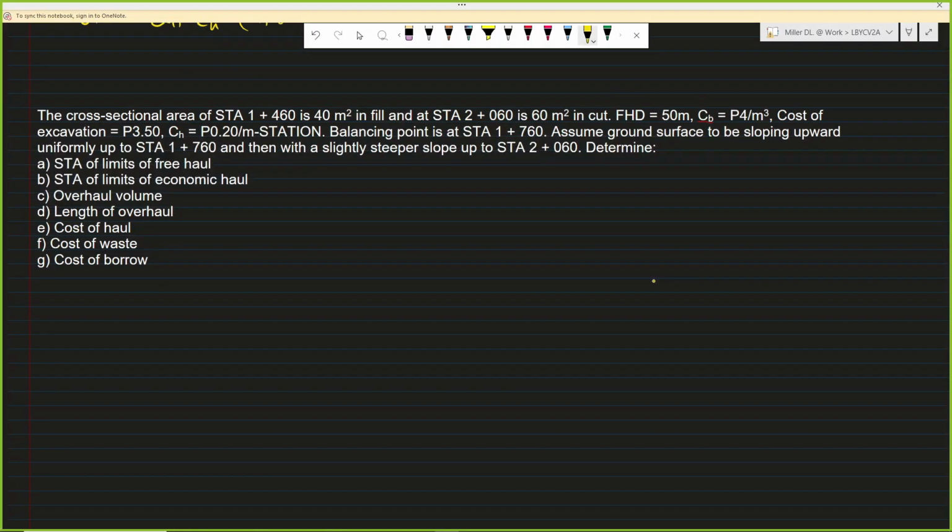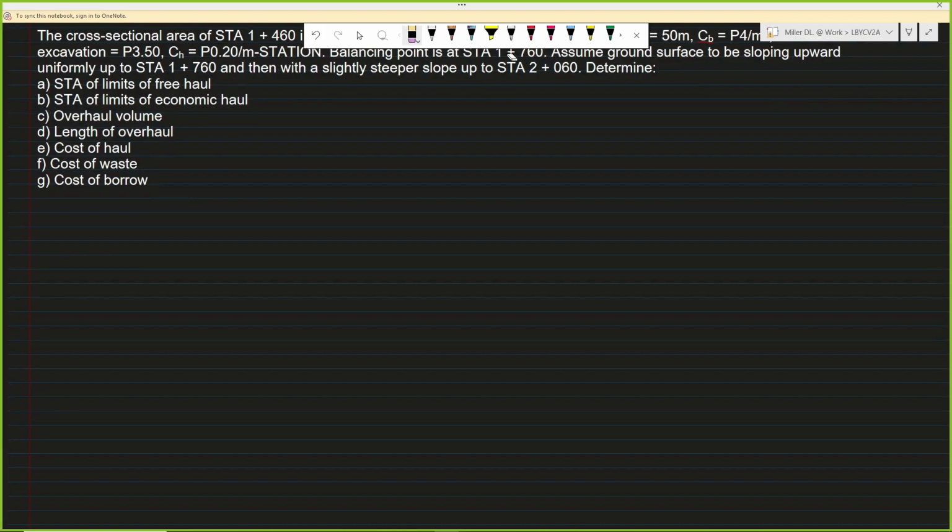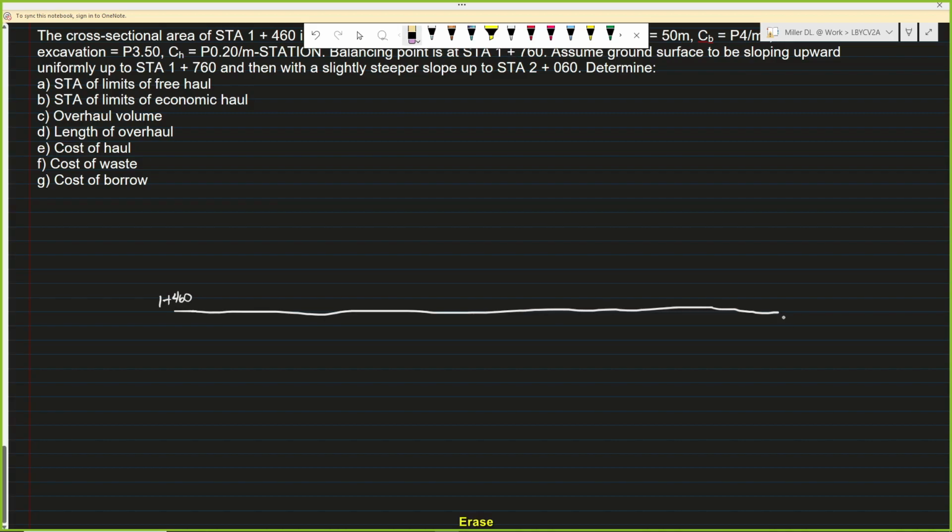First, of course, we need to illustrate. Let's say this is station 1 plus 460, and this is station 2 plus 060.